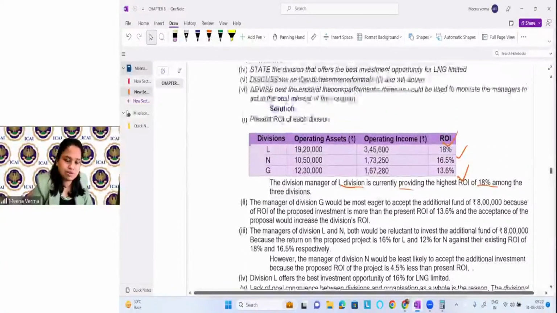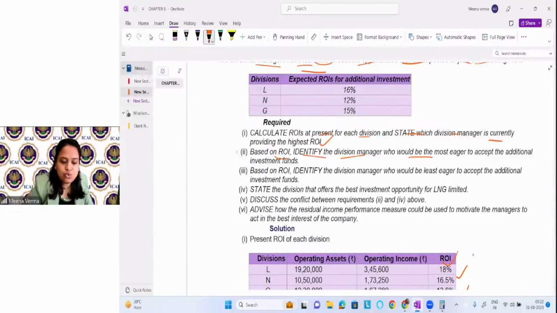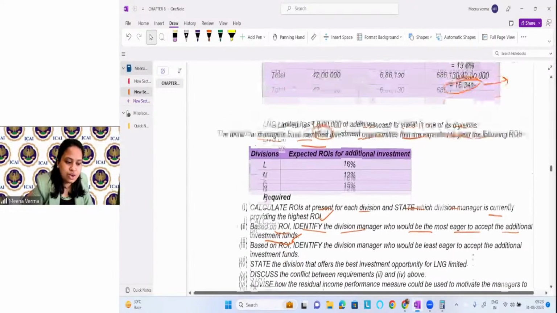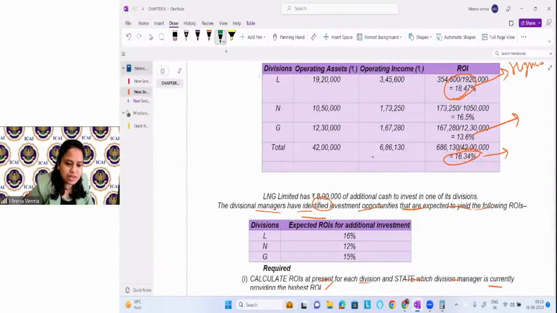All right, let's see the next part of the question. Based on ROI, identify the division manager who would be the most eager to accept the additional investment fund. So who wants the additional fund? You will see the expected return here was 16%. Instead of 16%, the actual result is 18.47%, which is good.